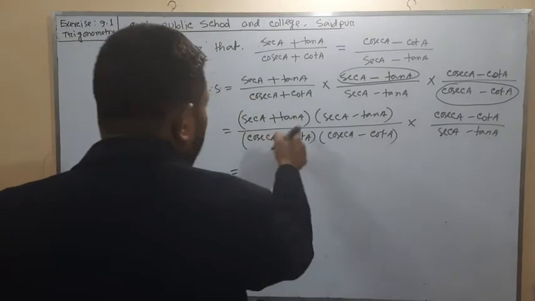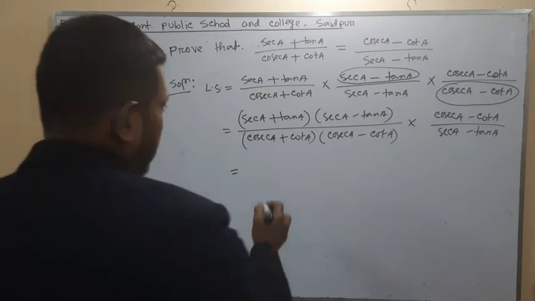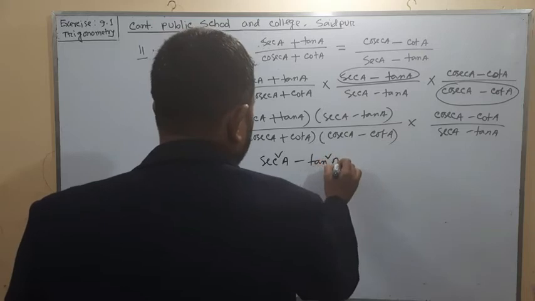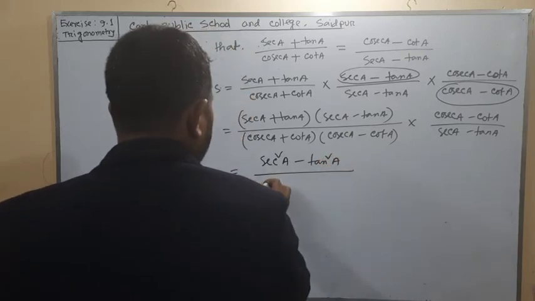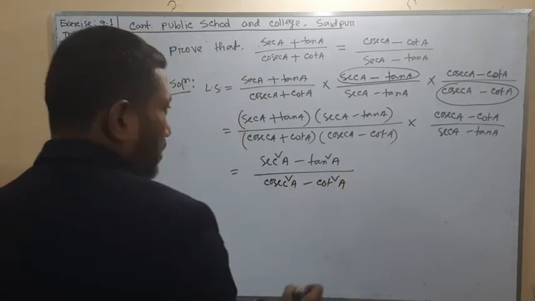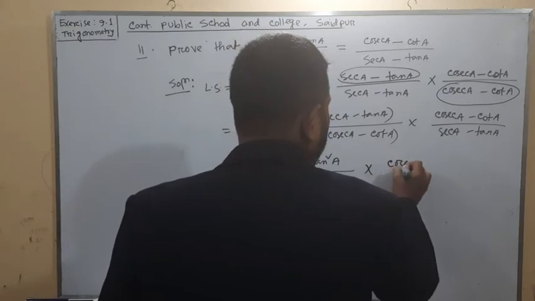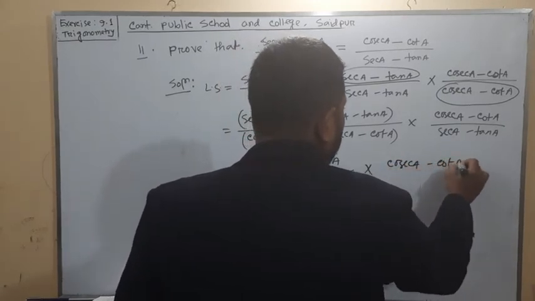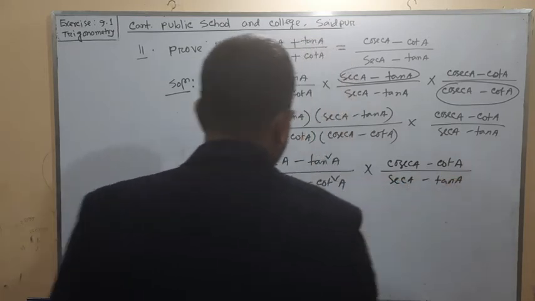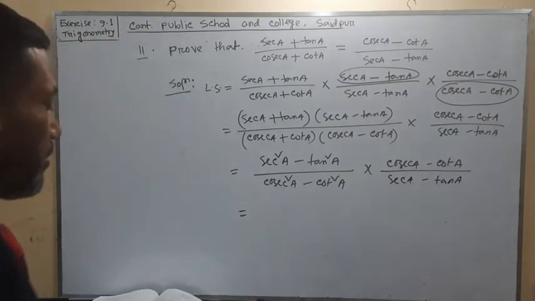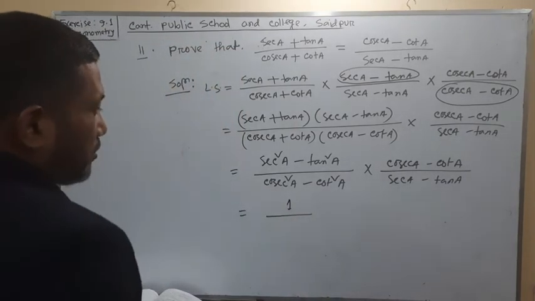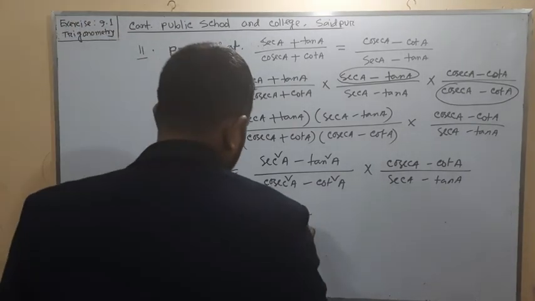Sec a plus tan a into sec a minus tan a, we get here sec square a minus tan square a. Similarly here cosec square a minus cot square a into cosec a minus cot a divided by sec a minus tan a. Sec square a minus tan square a is equal to 1. Cosec square a minus cot square a is also 1.